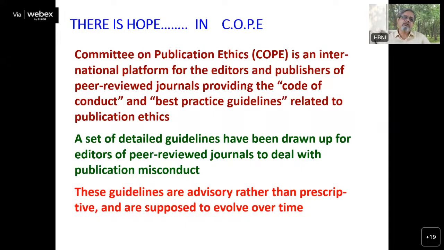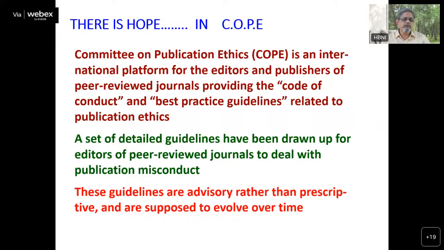So these guidelines have to be dynamic in nature so as to counter these kinds of unethical issues which keep evolving over time. So that is what COPE is all about.